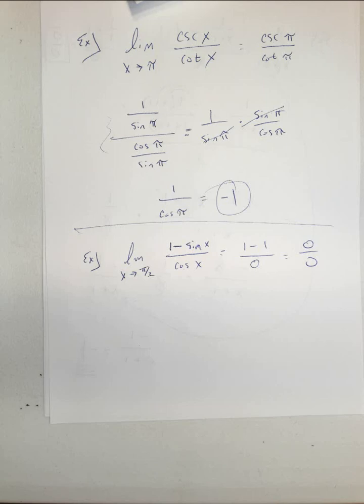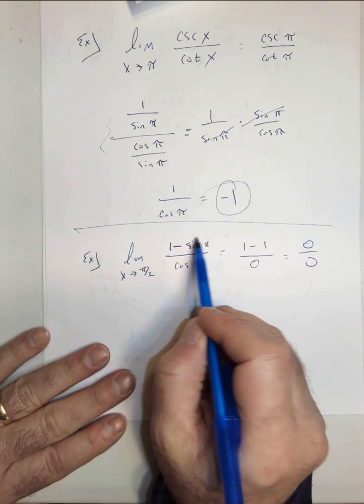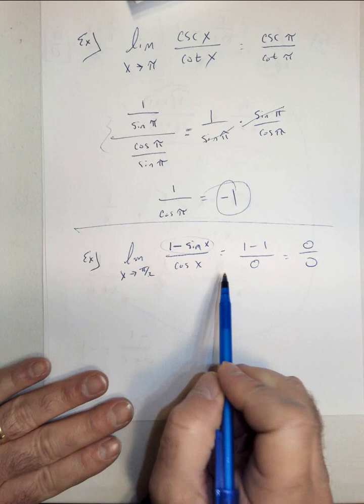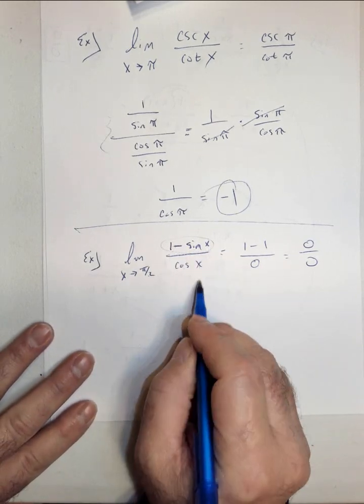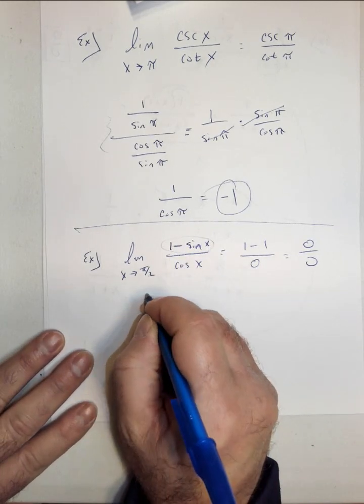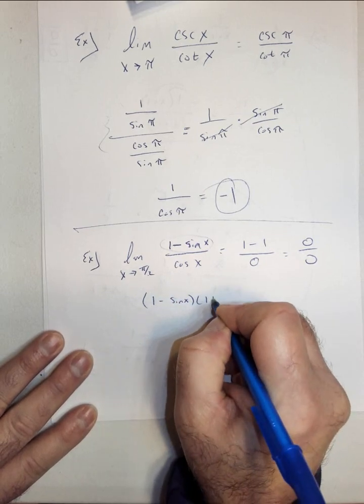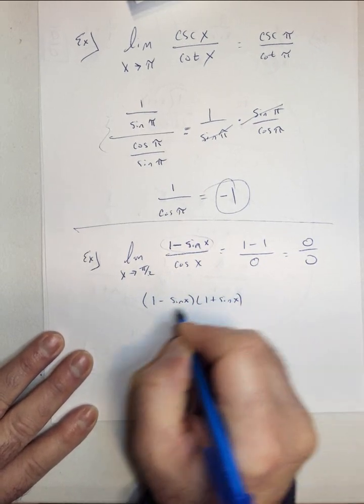So what I would probably do here, recognizing that I can turn this into a cosine squared, because what's causing the problem here is this guy, I'm going to multiply the top and the bottom by the conjugate. Again, we use a lot of conjugates everywhere, which is why I've been harping on those all year long.